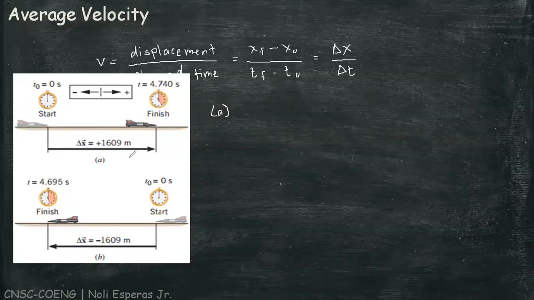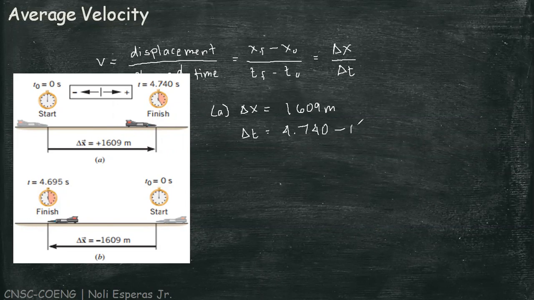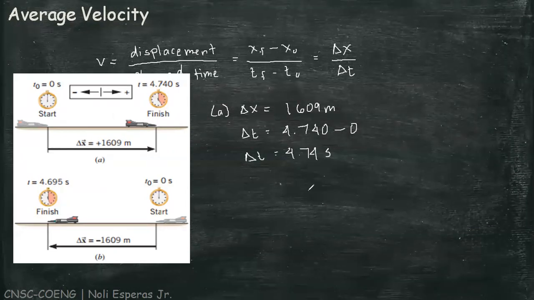So let's solve for the first figure. We have the displacement of 1,609 meters, and we have the change in time, which is 4.740 seconds minus 0. Again, it is important to indicate which direction you will set as your positive direction. In this case, the direction to the right is our positive direction.